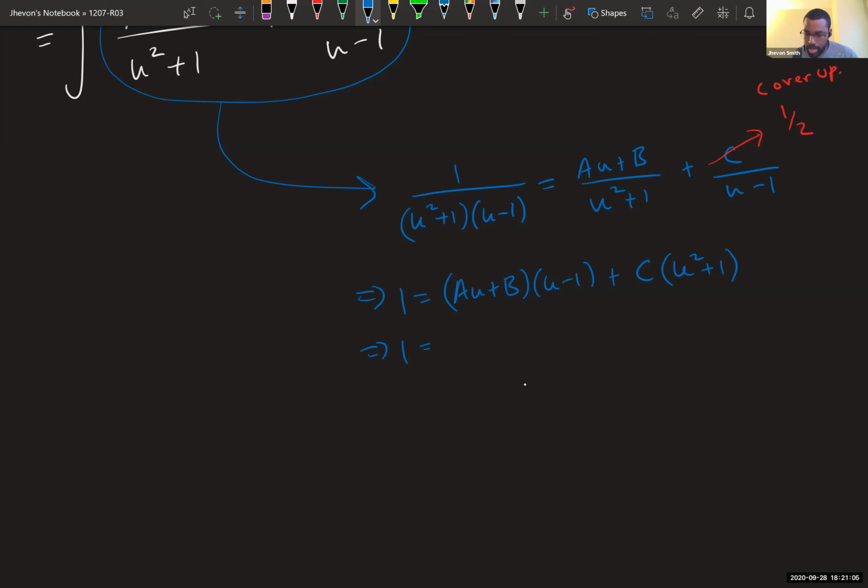Okay, so you multiply it out. So you have au squared minus au plus bu minus b plus cu squared plus c. And of course, we know what the c is. We'll plug that in eventually. Then you can group these.